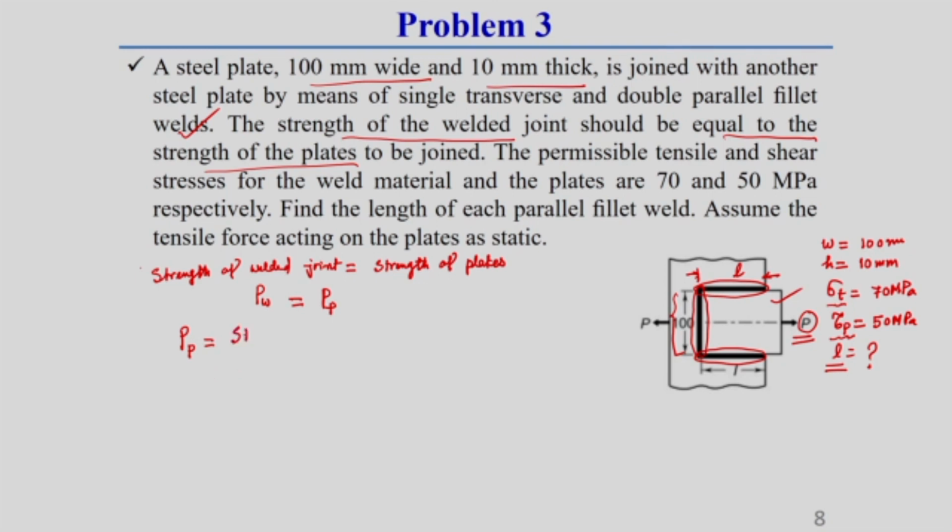So, here I am writing strength of plate. So, the strength of plate will be how much? Everything is given. So, here generally strength of plate is, as this plate is subjected to a tensile force, here you can see, here I am just drawing. So, this is a plate.